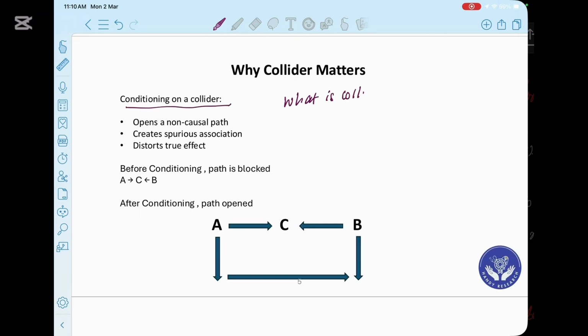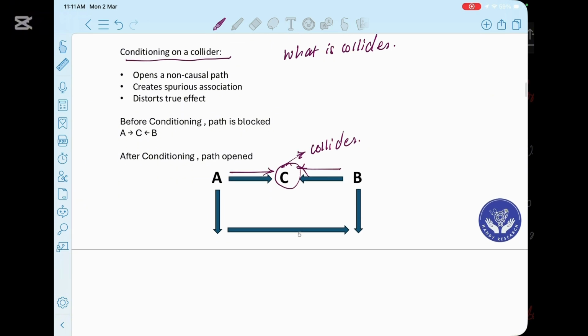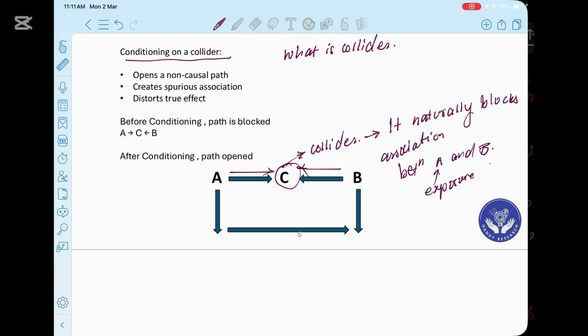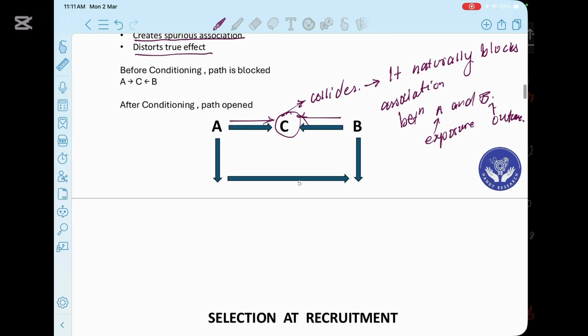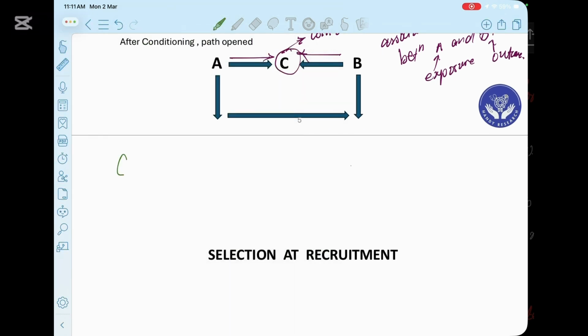First we understand one thing clearly. What is a collider? A collider is a variable that has two arrows, let's suppose from exposure and the outcome, pointing into it. A collider naturally blocks the association between exposure and the outcome, or let's suppose variables A and B. But when we condition on C, we open the path.